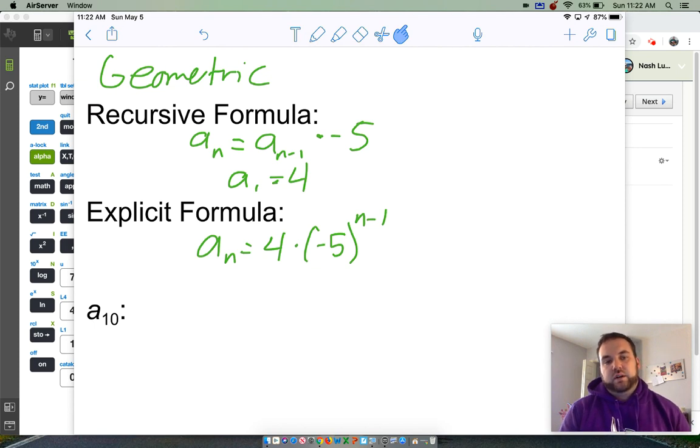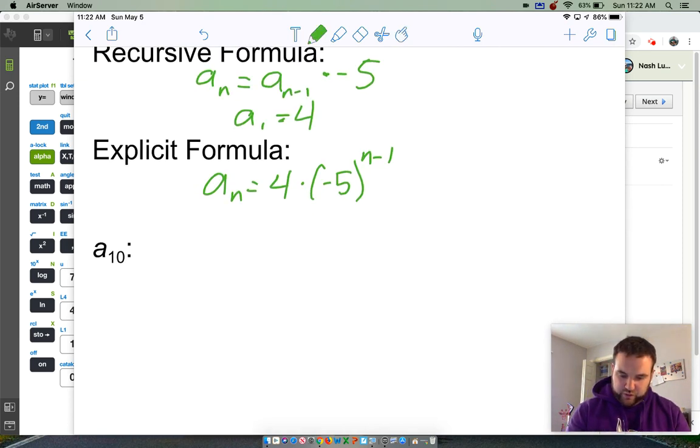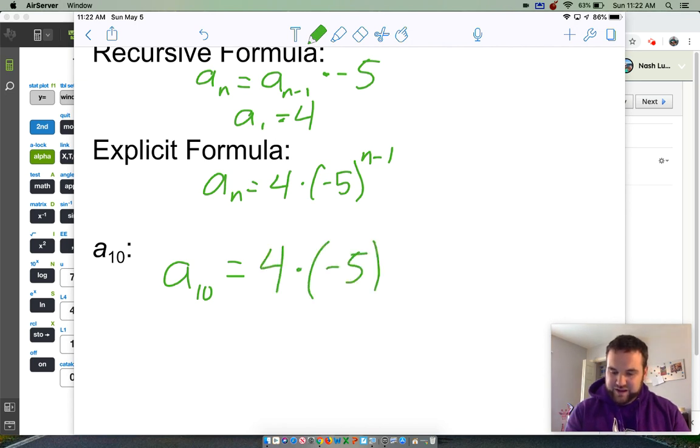Because if you want to get to, like we see down here at the bottom of the screen, the 10th term, you are going to have to make 9 jumps of negative 5 when you start at 4. So to find the 10th term, I'm going to use that explicit formula. We're going to take 4 times negative 5 to the 9th power.